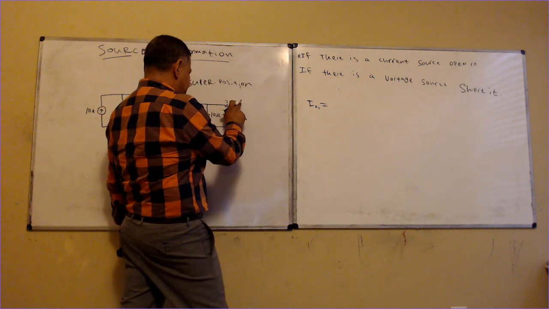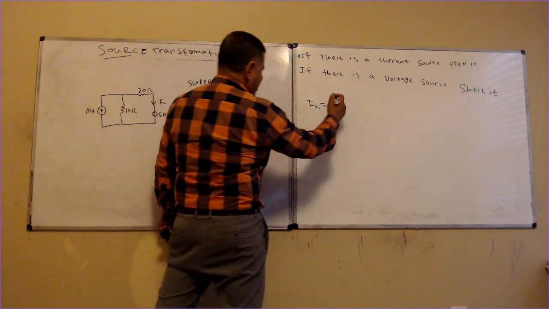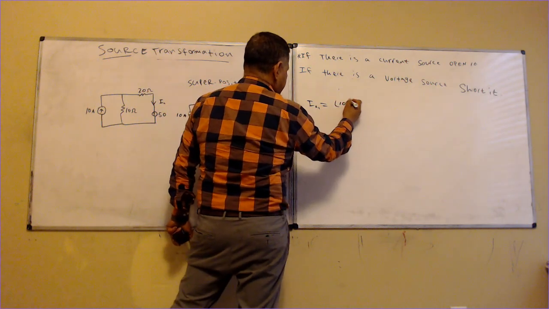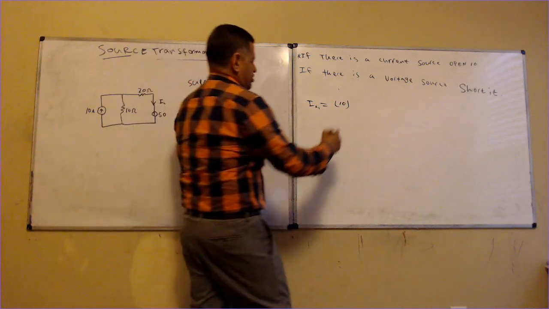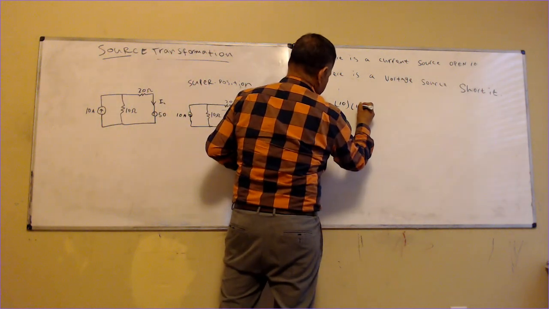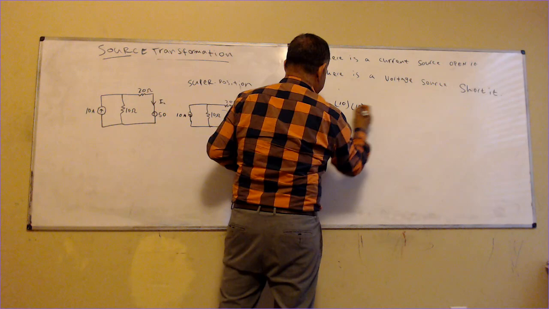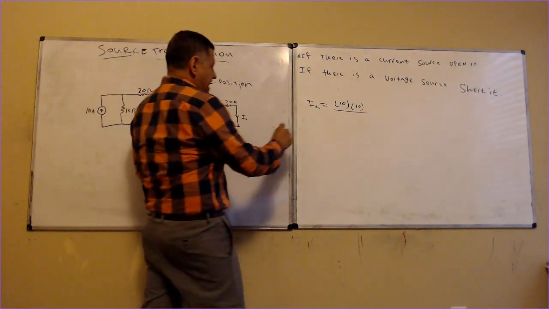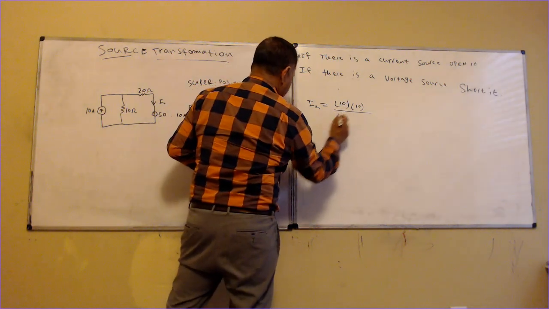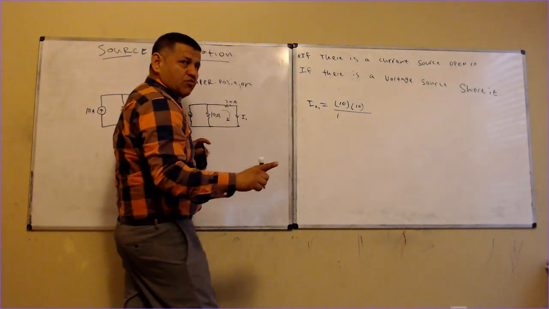Well, this is the one that I care about, and this one I don't care about, so the don't-care goes on top, 10, and multiply that by the current, which is 10 amps, and then divide by the one that I care about plus the one that I don't care about.